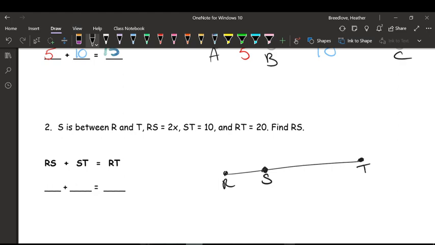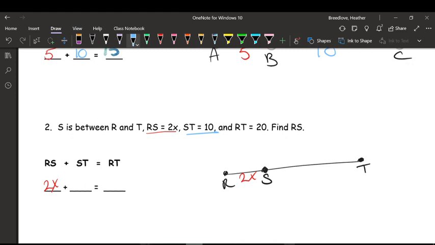And then it gives me information. RS is 2x. So from R to S, that's 2x. Or I could do it in the equation part over here. RS is 2x. ST is 10.